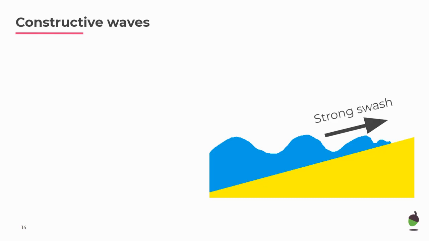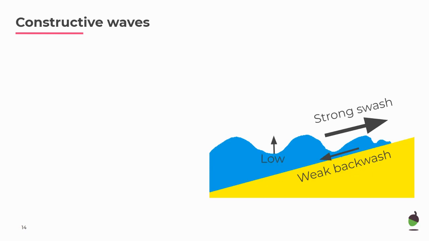And to do that, they need a very large swash. You can think about these waves as being a big bulldozer. As they go up the beach, as the swash, they scoop up and push all the sand up onto the beach. They have a very weak backwash. So they've pushed all the sand up and then they don't take any away with it.